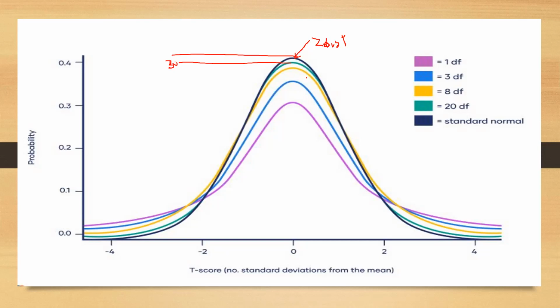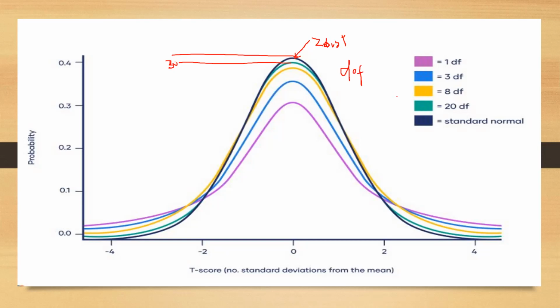Whenever our sample size is small, there is a correction that has to be made. And that correction is what is accommodated under t-test. That correction is accommodated in the form of degree of freedom, DOF. So the concept of degree of freedom comes up whenever your sample size is 30 or less.